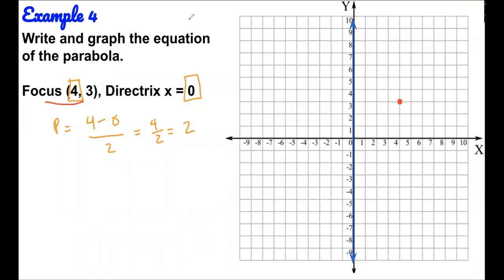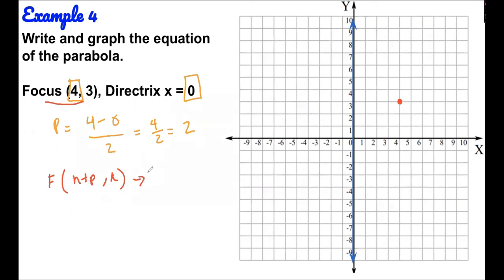Now I know that my focus is (h plus p, k). Now we know that h plus p has to equal 4, and my k value is 3.